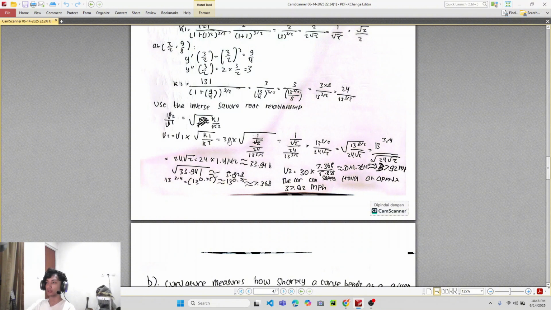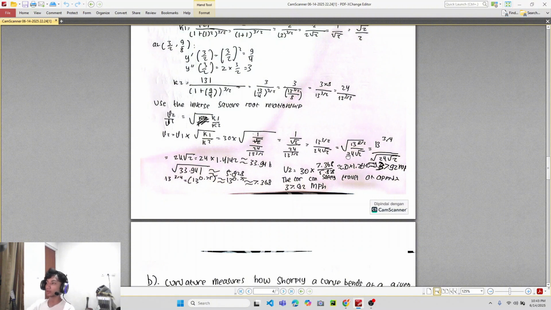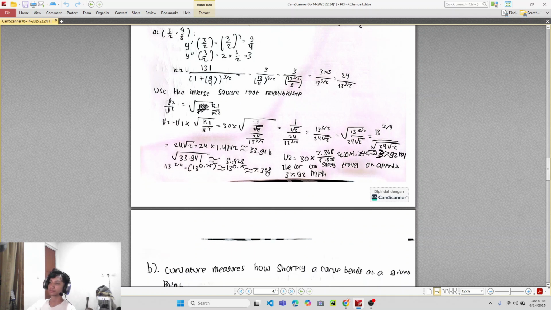V1 is 30 times root of (1 over root 2) over (24 over 13 to the power of 3 over 2), so 1 over root 2 over 24 over 13 to the power of 3 over 2, and then we take the root again of this, and it will result in 13 to the power of 3 over 4 over root of 24 root of 2.